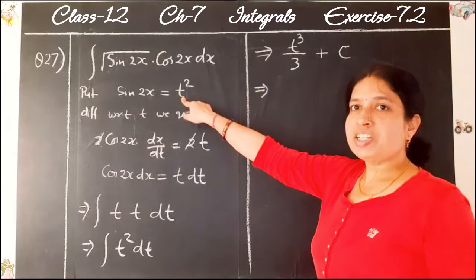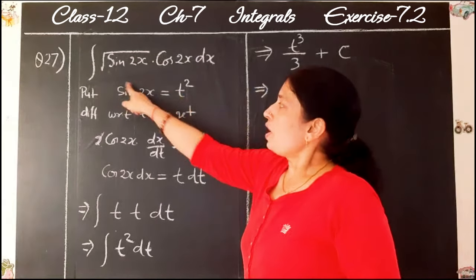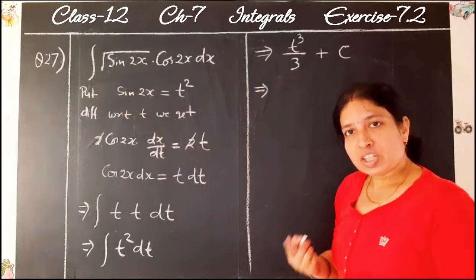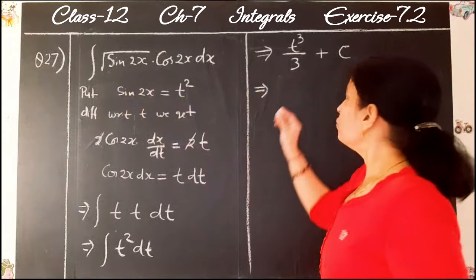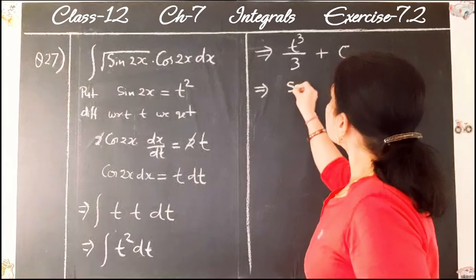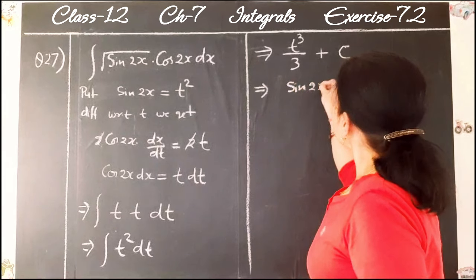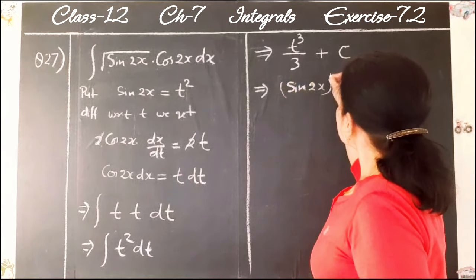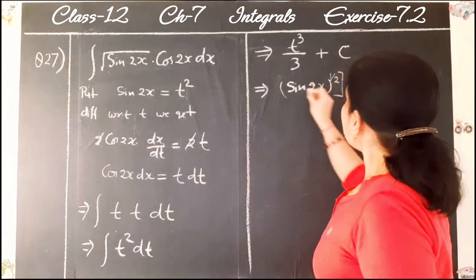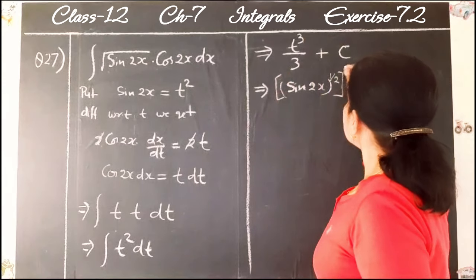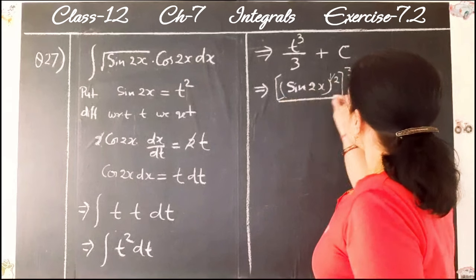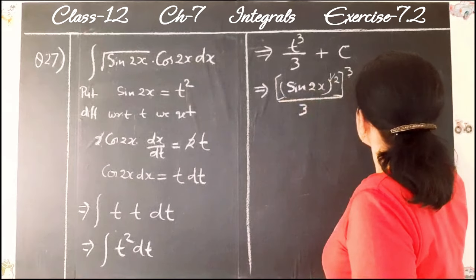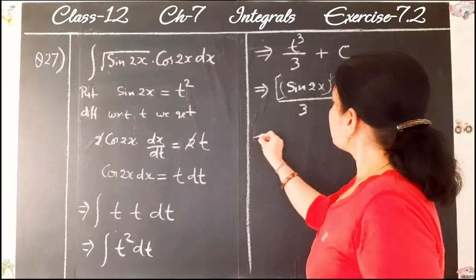From here t is equal to square root sin 2x. Square root means power 1 by 2. So first write sin 2x power 1 by 2, and it is given here power 3, so write here 3 divided by 3 and write constant c as it is.